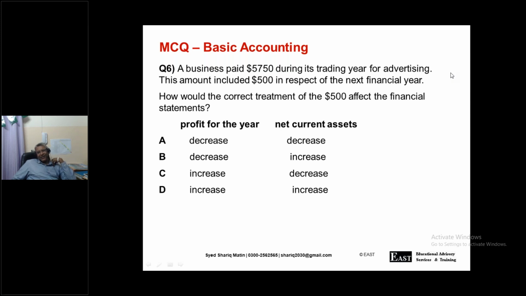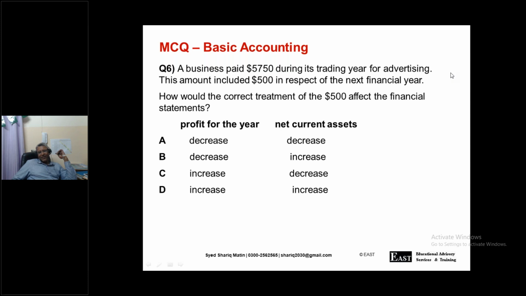When you're going to correct this mistake, we are going to be subtracting 500 from expenses. Expenses have an inverse relationship with our profits, and since expenses have been decreased by 500, our profit will now increase by 500, since we had overstated the expenses.